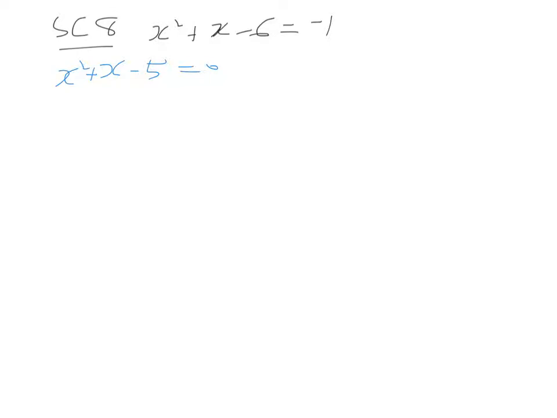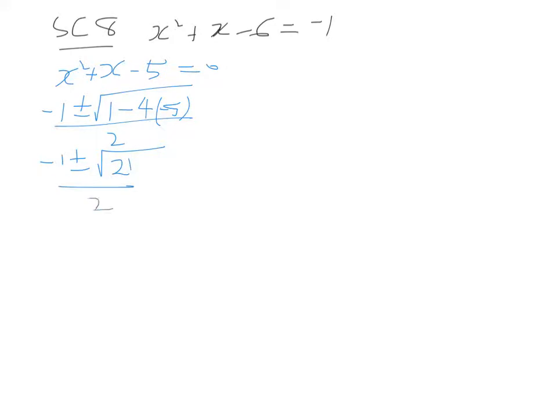Now this looks like it's not going to factorise easily, so I'll just say -1 plus or minus the square root of 1 minus 4 times -5, over 2. So -1 plus or minus the square root of 21, over 2.